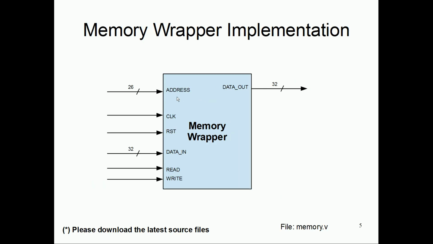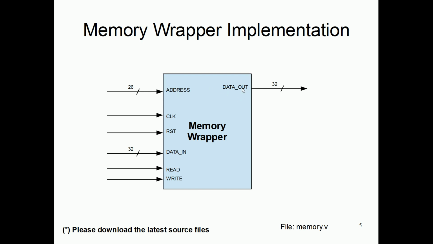Another point: please note that in memory.v, I have created a memory wrapper. If you remember the previous project, the memory data in and out was an in-out port. That same 32-bit line was used as an output port in read mode and as an input port in write mode. Now I created a wrapper around it so that data out and data in are separated.